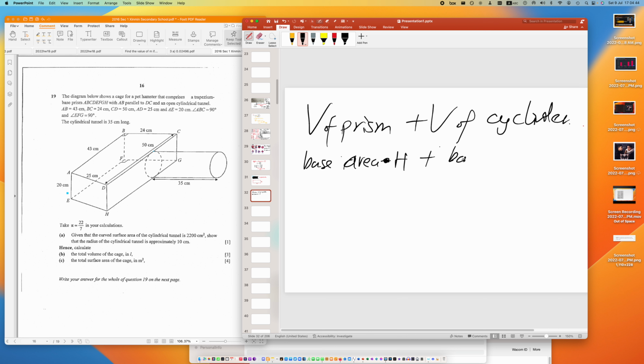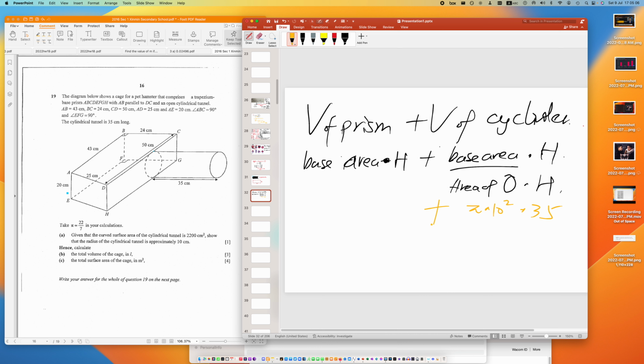This one is the same lah. But this one, the base area is a circle. So I will write down area of circle times the h, which is 35. This one is 10, so it's pi r squared, so 10 squared. Done.